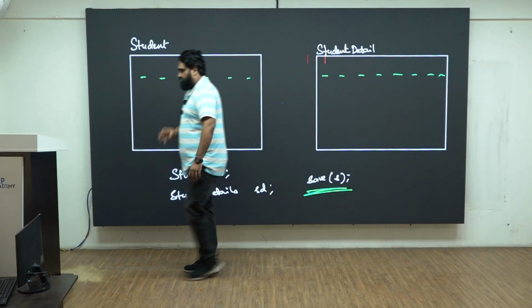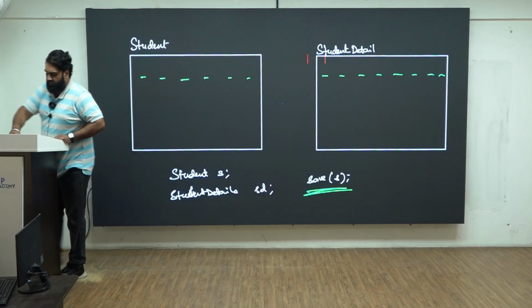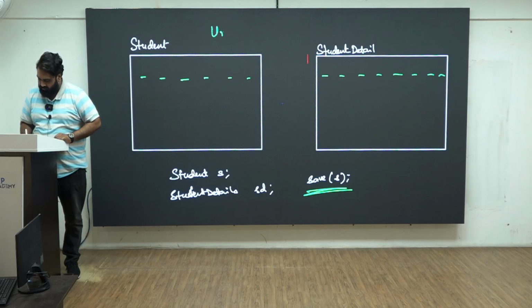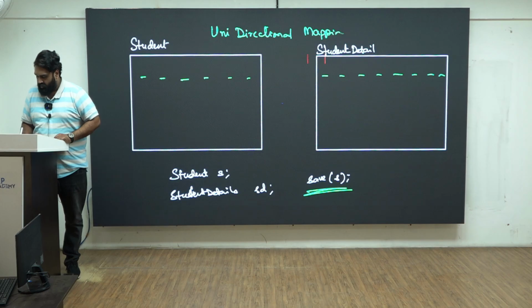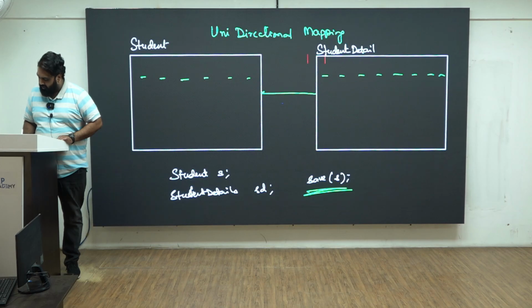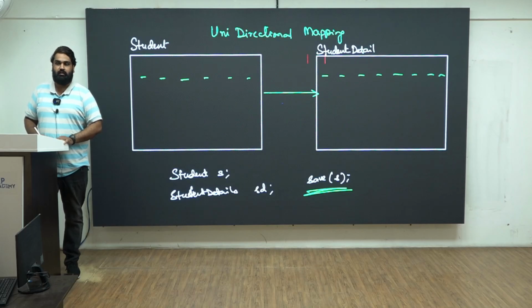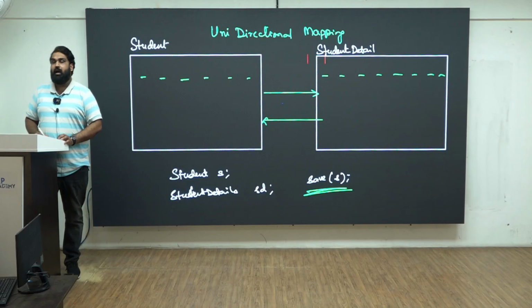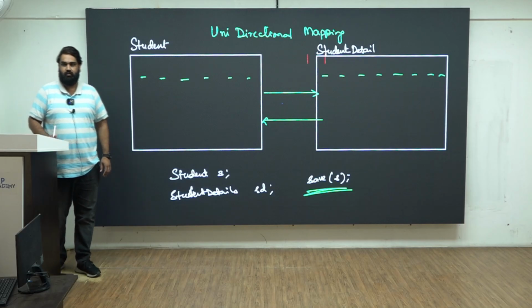Whatever we have written yesterday is called unidirectional mapping. Why is it unidirectional mapping? Because only the student table is mapped with student detail. Now I want the student detail table to be mapped with student as well.